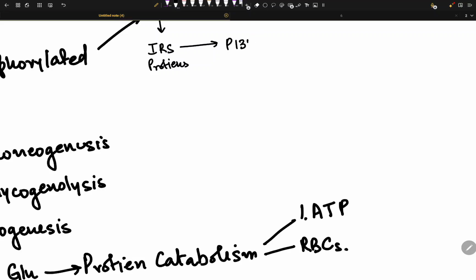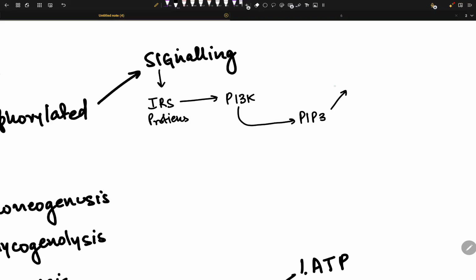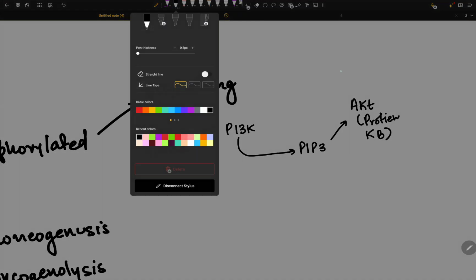This kinase also phosphorylates, putting a phosphate on PIP, changing PIP2 to PIP3, or maybe let's just skip that step and say it leads to PIP3. And then we have protein kinase B, or AKT, called protein kinase B.